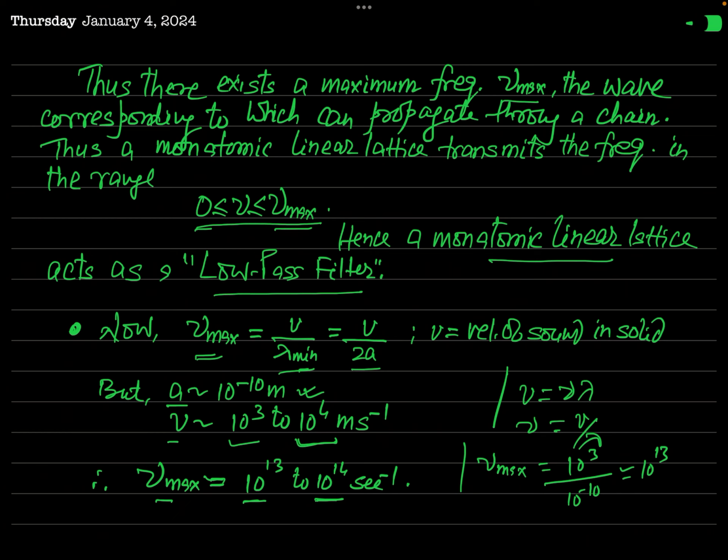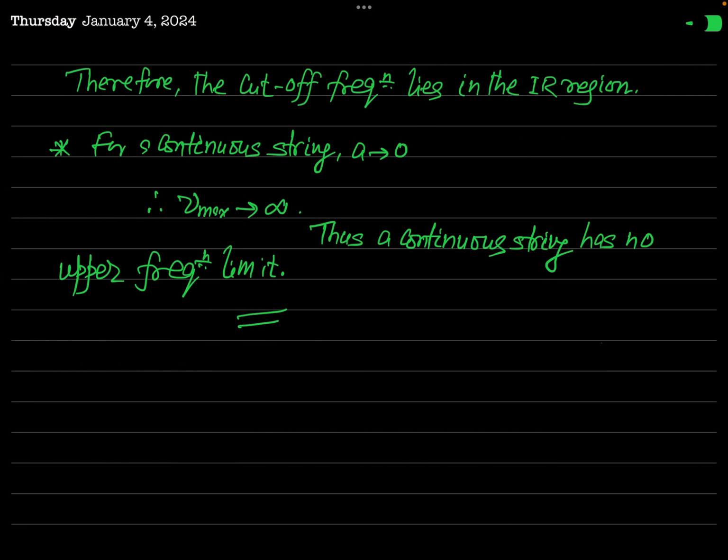If you have an idea of the wavelength and frequency of different regions of the electromagnetic spectrum, you can say it. Actually, this is the order of frequency of the infrared region. So you can say that the cutoff frequency lies in the infrared region.